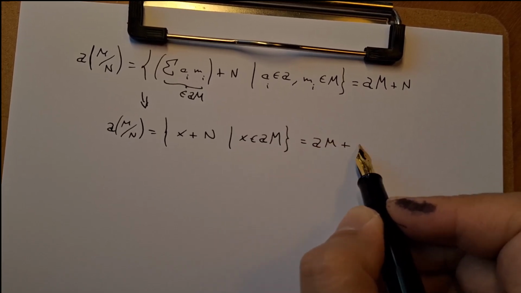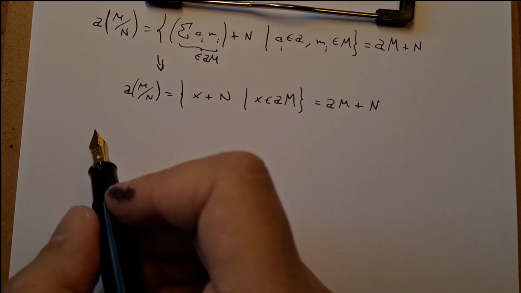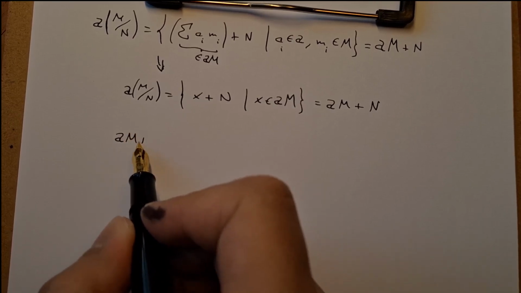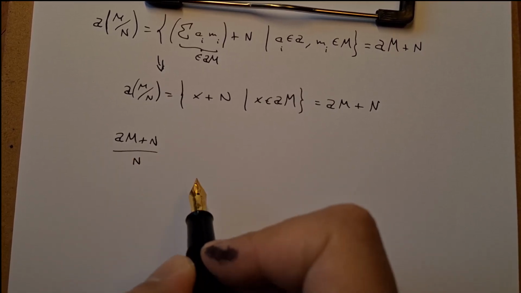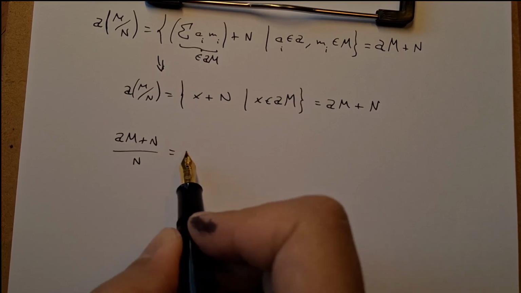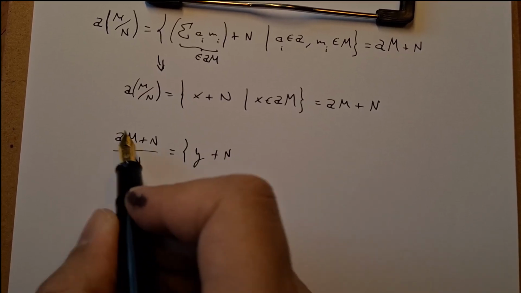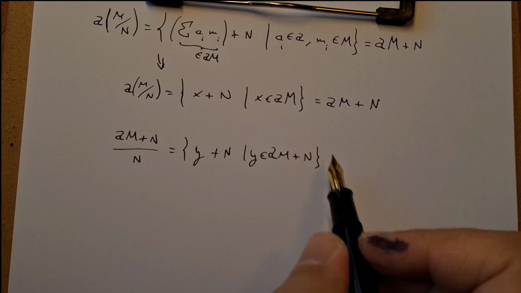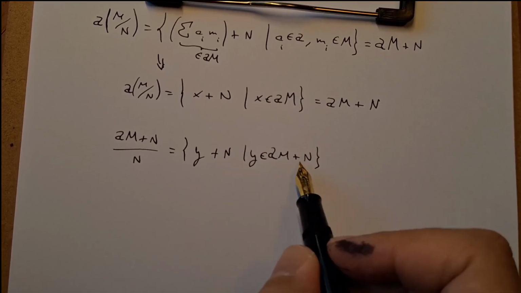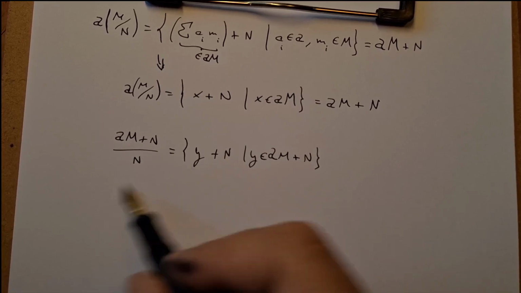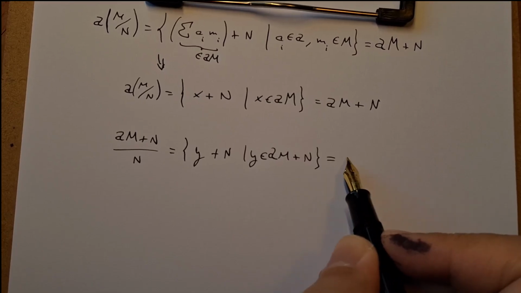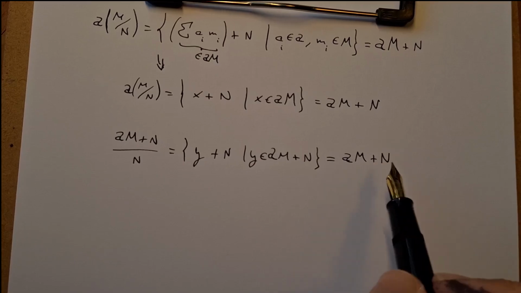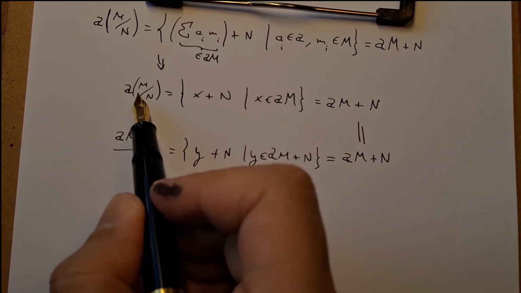So that this is AM plus N. Now, if we take AM plus N, and we quotient it by N, what we will have is some y plus N, is like the shape, and this y is an element of AM plus N. But notice that it's like having something which is N plus N, so you can just have a simple N. So this is again A multiplied by M plus N. So this thing equals this thing, and this equals this thing.